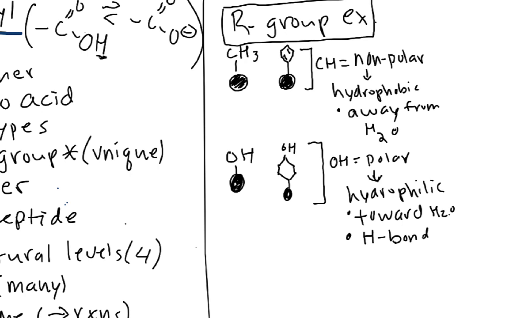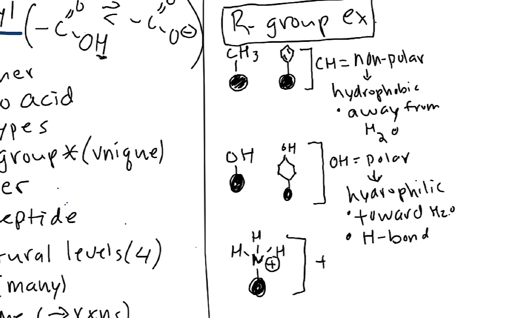We have amino acids with amino groups on them. So this is not the amino group on the backbone. This is another amino group as the R group. And this is positively charged. As you saw before, it can oscillate between those two.